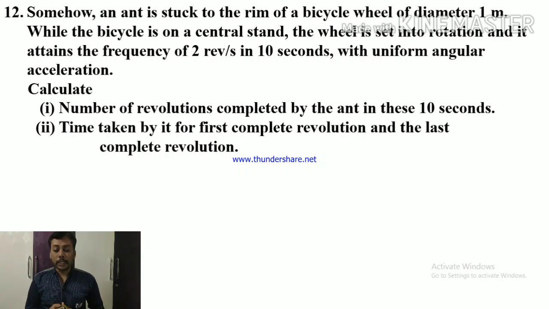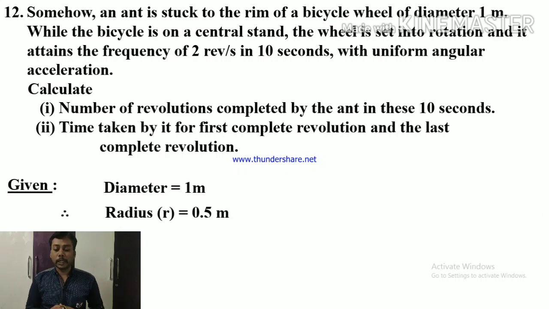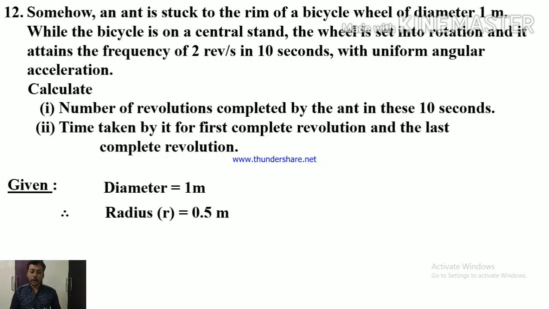So first note down the given things. The diameter of the bicycle wheel is 1 meter. From the diameter we can determine the radius, therefore radius r is equal to 0.5 meter. Then the frequency is given, 2 revolutions per second in 10 seconds.